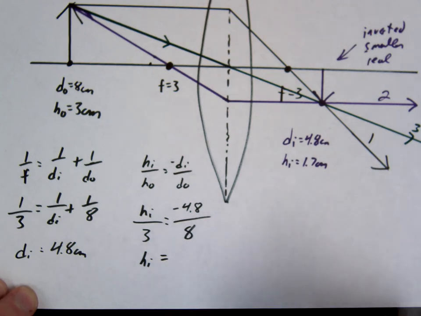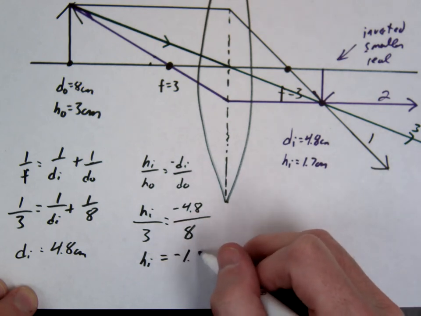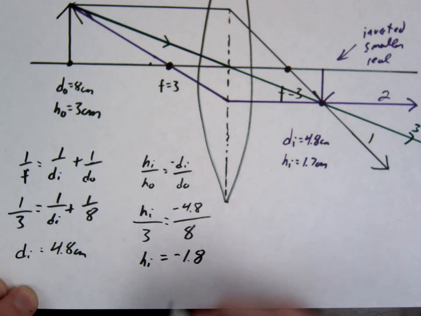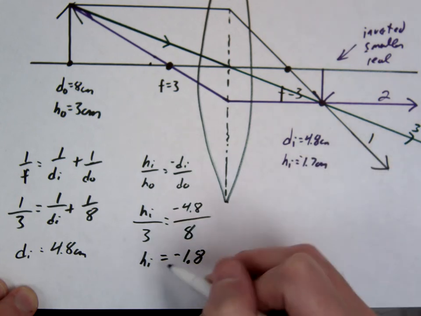What are you guys getting for H? Negative 1.8. Okay. And again, what's that negative mean? Inverted.